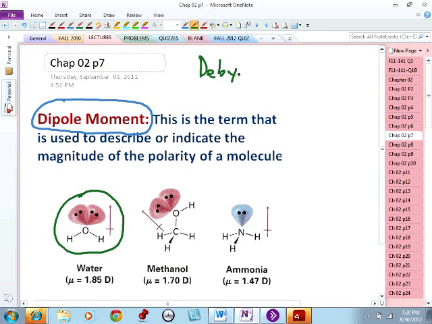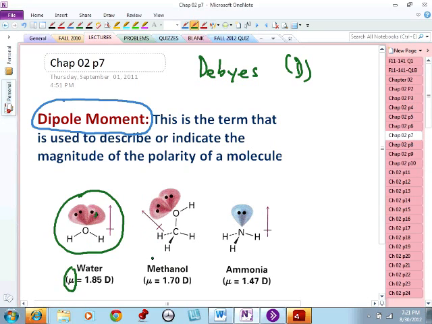Don't worry about what it stands for, just say D. Dipole moment is also represented by the Greek symbol mu.